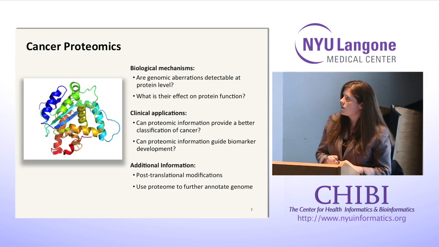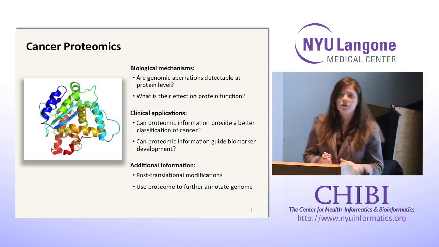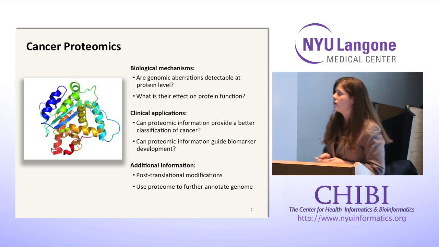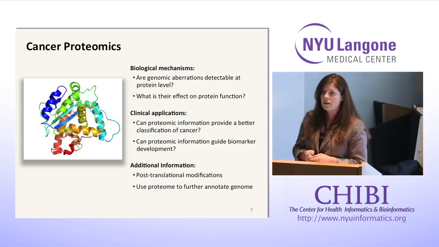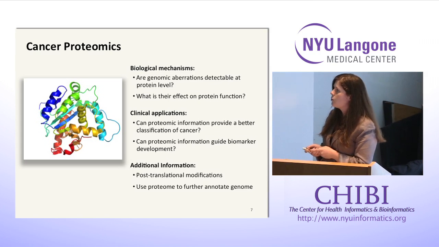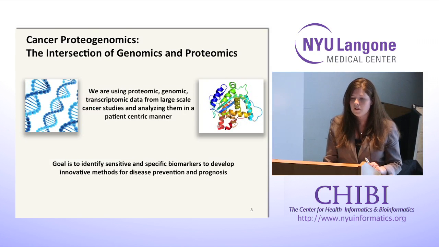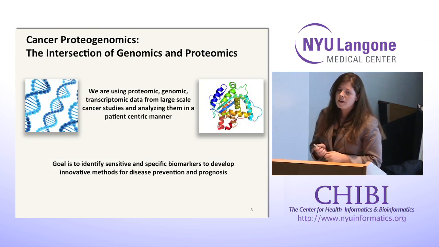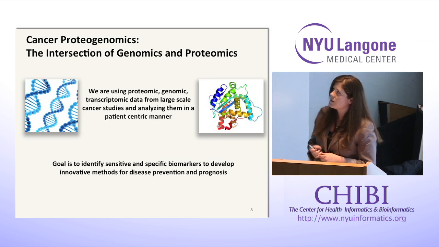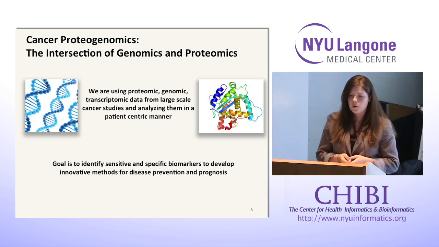Proteomics also provides us additional information that genomics cannot, including post-translational modifications such as phosphorylation status. We can also use the proteome to further annotate the genome. So, cancer proteogenomics. Proteogenomics means the intersection of genomics and proteomics.